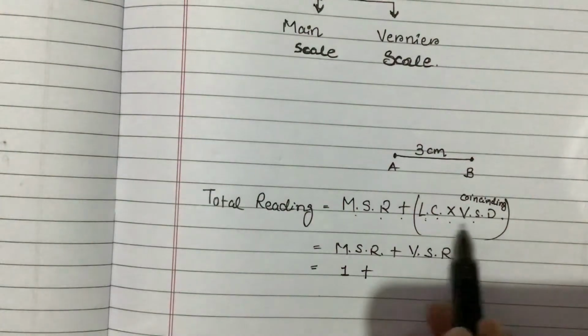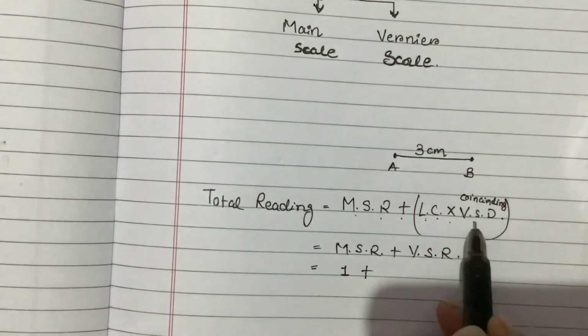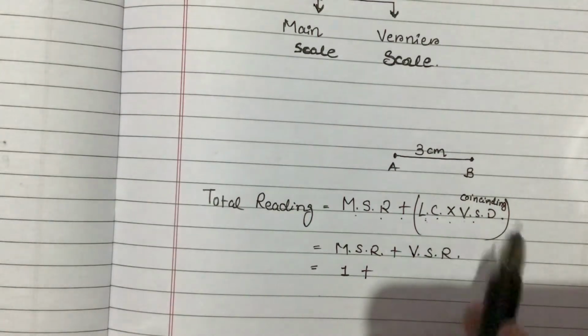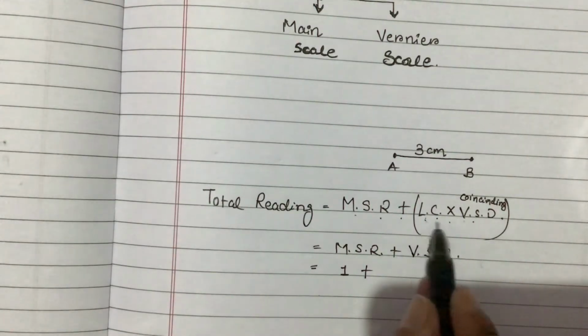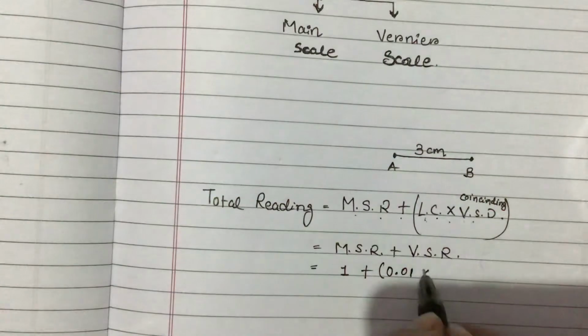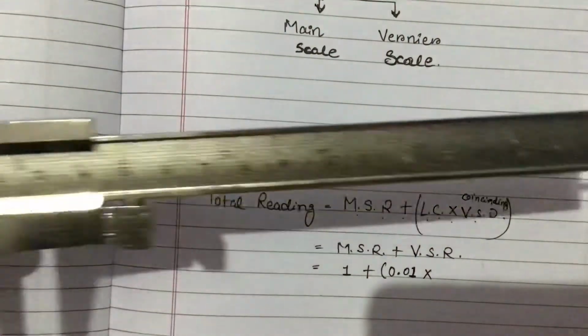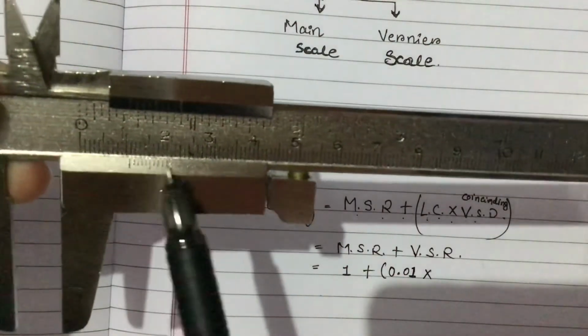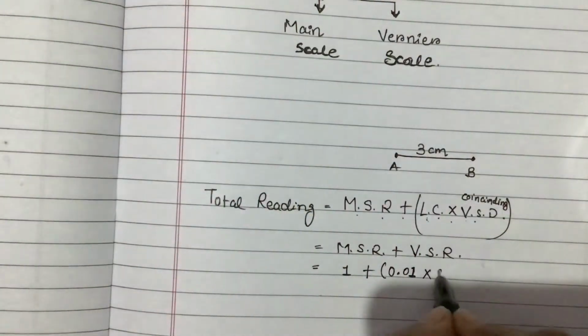So over here in the formula, our VSR is LC into coinciding VSD. What is my LC? The least count of a vernier caliper is always 0.01 centimeter, into coinciding VSD. I hope you remember which one is the coinciding division out of all these small divisions. It was number 8.